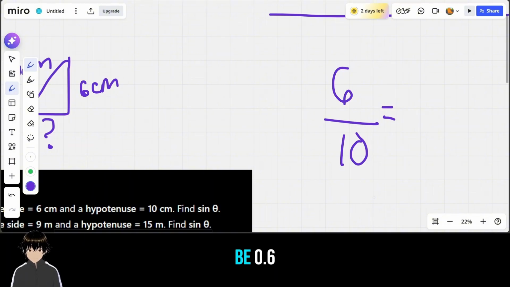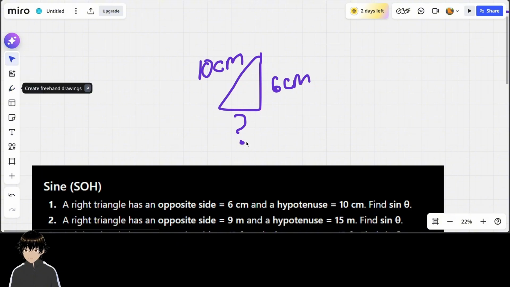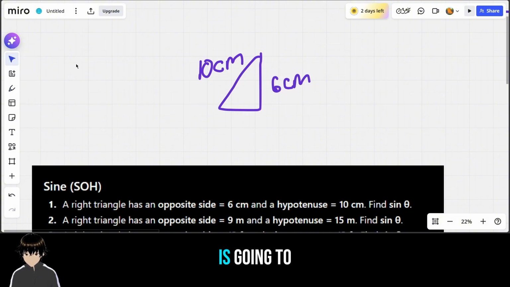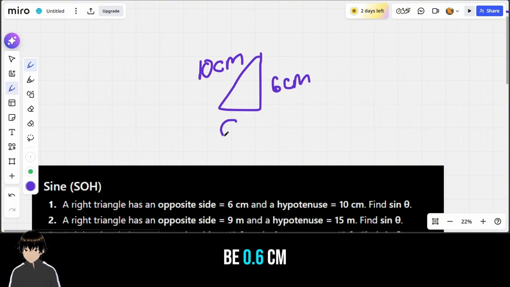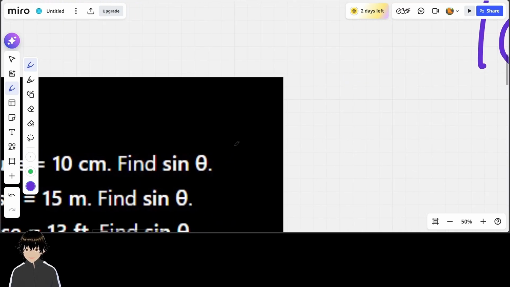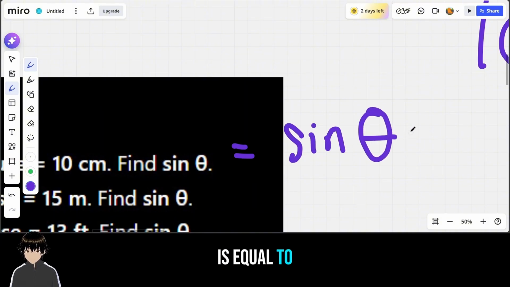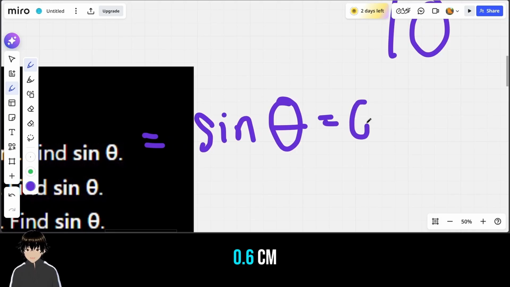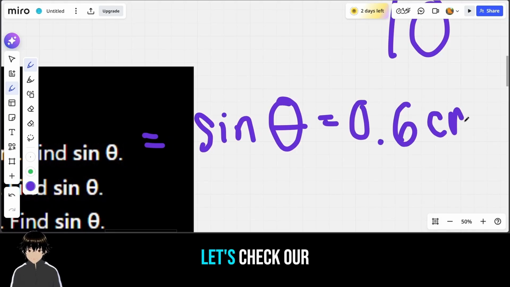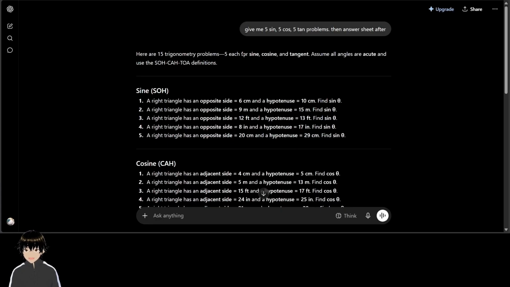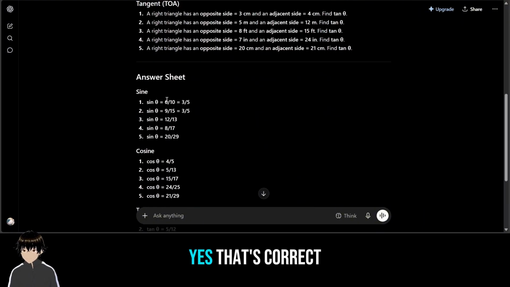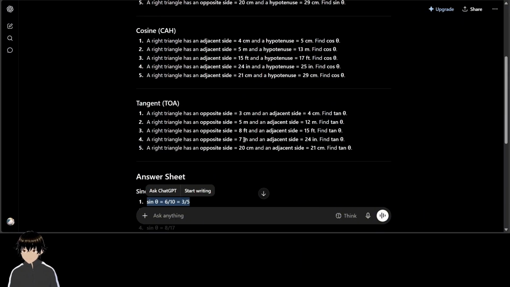It's going to be 0.6. So sine theta is equal to 0.6. Let's check our answer if it's correct. Yes, that's correct.